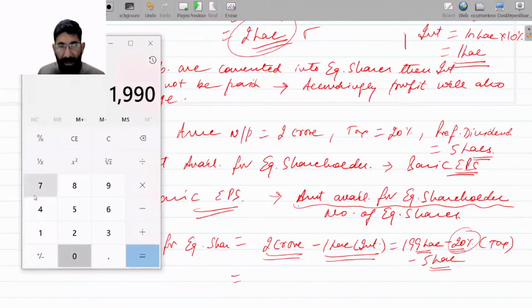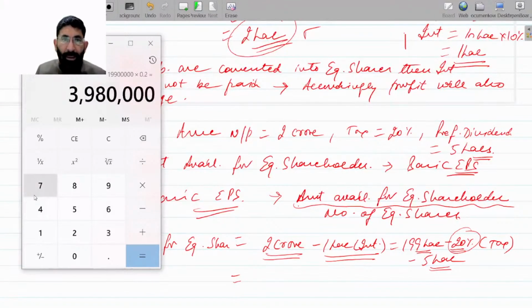One crore 99 lakhs. 39 lakh 80,000 will be deducted. It will be 1 crore 59 lakh 20,000.